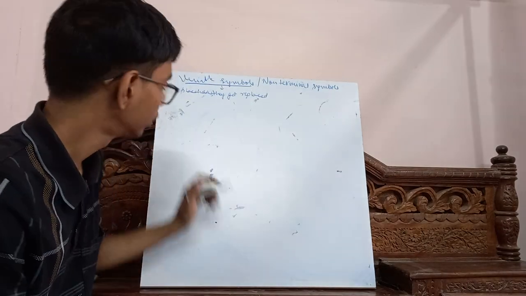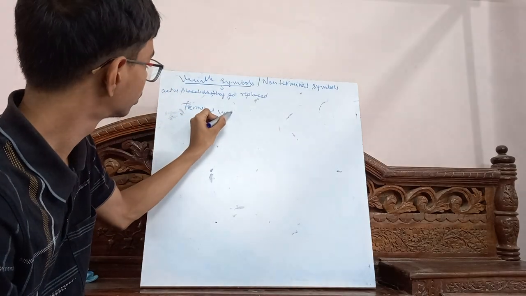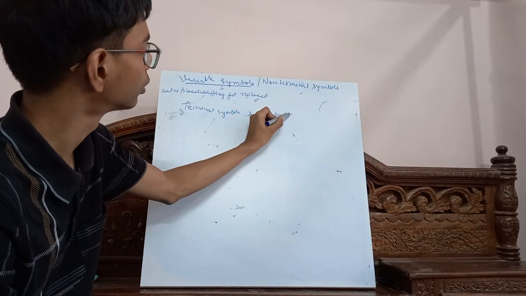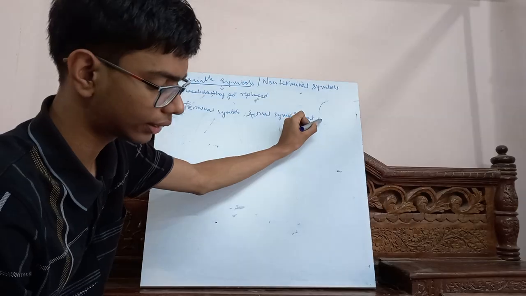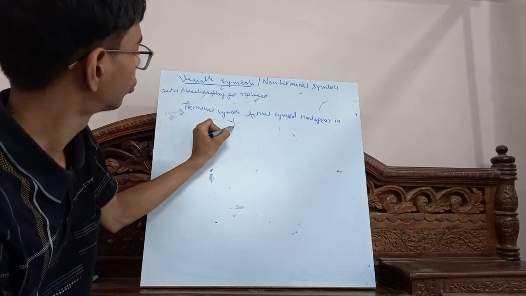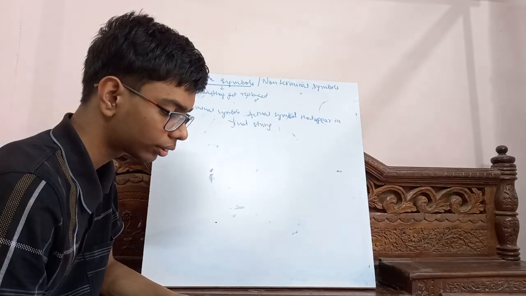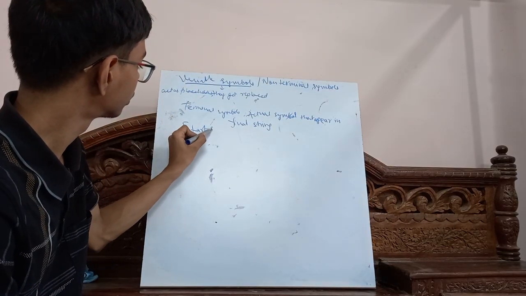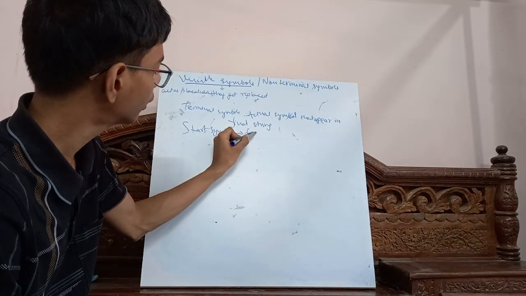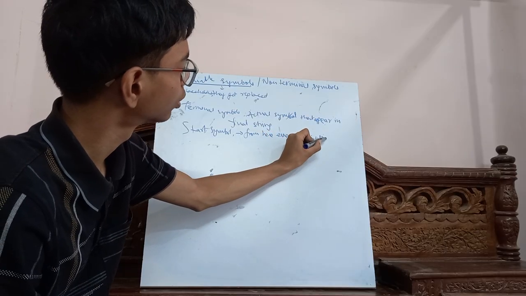And then terminal symbols: actual symbols that appear in the final string. And the start symbol, from which every derivation begins.